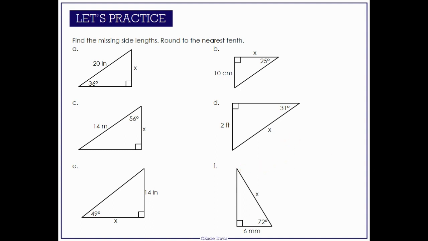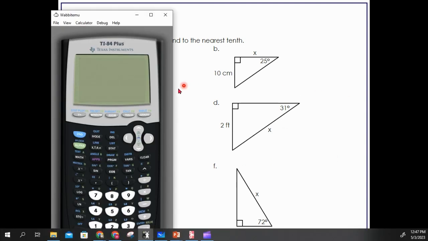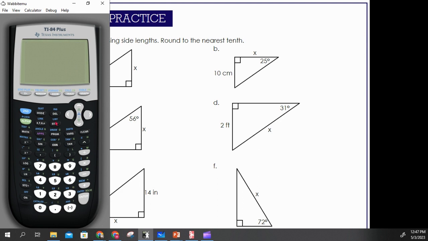So let's pull up the calculator. Let's show you what the buttons are that we are going to be using in particular. All right, these buttons are sine, cosine, and tangent. You've never really used these before this class, so I won't fault you for not knowing what they are.